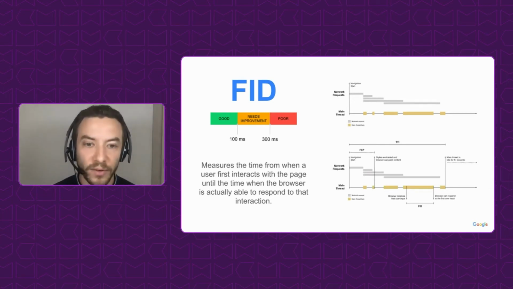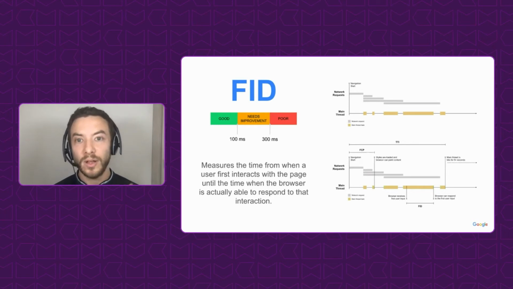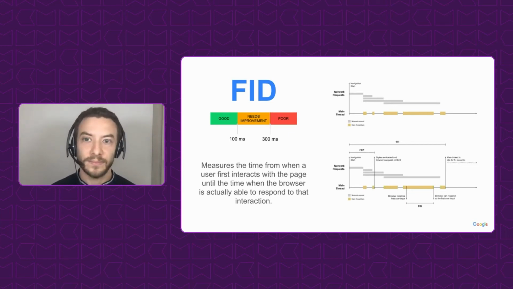On the right, you can find exactly this example. As you can see, the user tried to interact while the main thread was busy, so the page cannot respond to the user interaction until the JavaScript long task is completed.